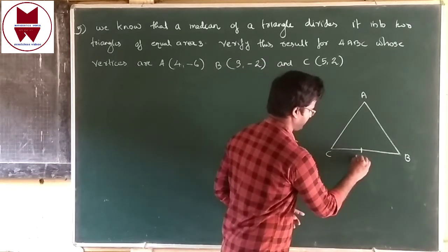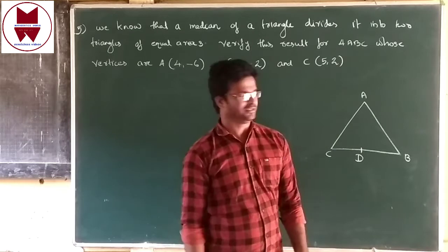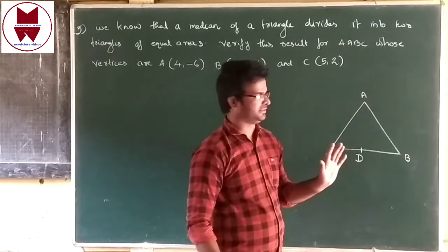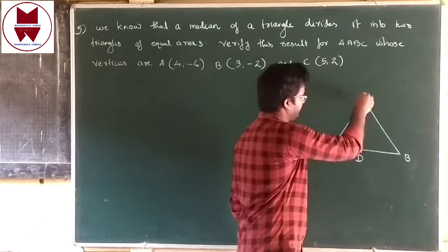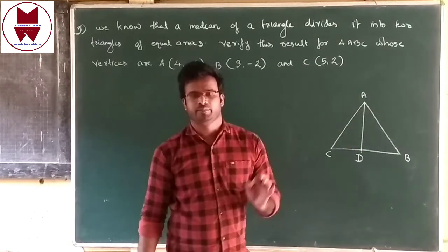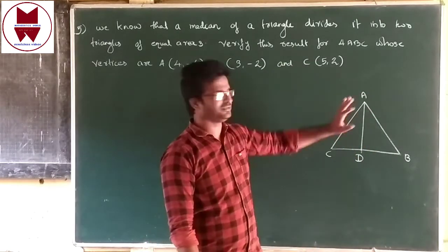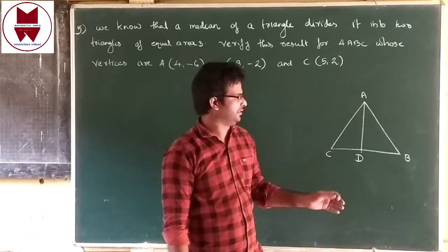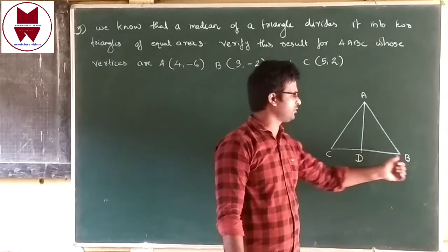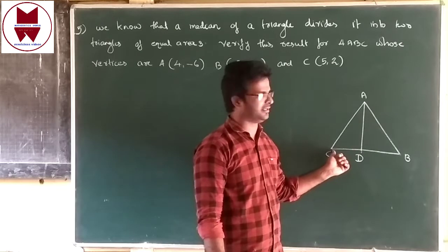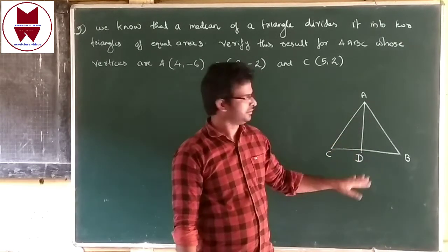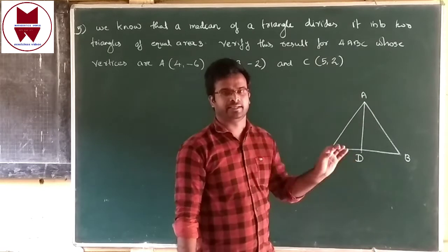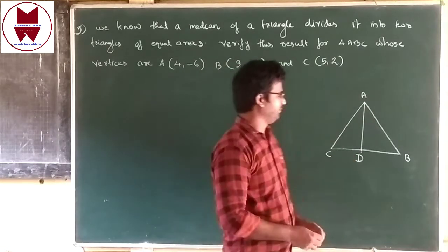I just give one name, that is D. That is midpoint of BC. Then if you join A and D, this AD is known as median of this triangle. If you join midpoint of opposite side and this vertex, you will get median. That AD, that line is known as median.